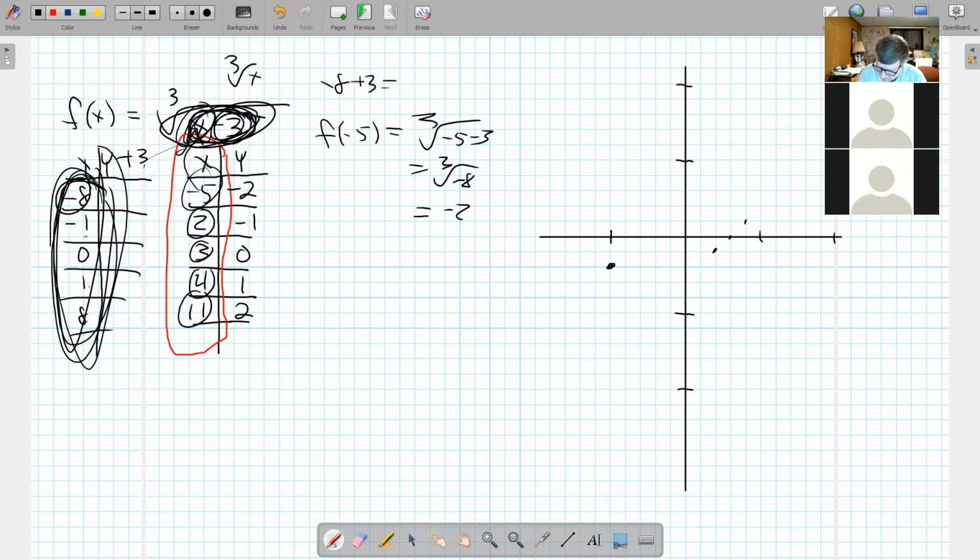So let's see what my picture looks like here. Trying to get a good picture, I've got this curve that I'm using. Wish you could see what I'm working with here.